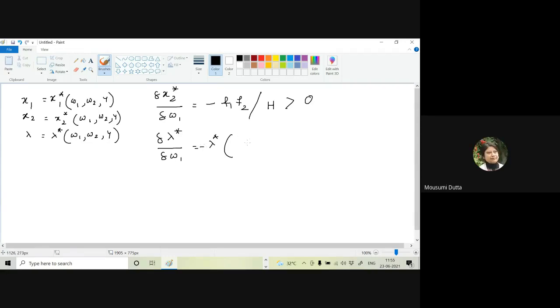Okay, minus lambda star into F2 F21 minus F1 F22. Someone please say it, I could not hear. F2 F21 minus F1 F22. The rest of the students got this value, divided by H. Divided by H, definitely.